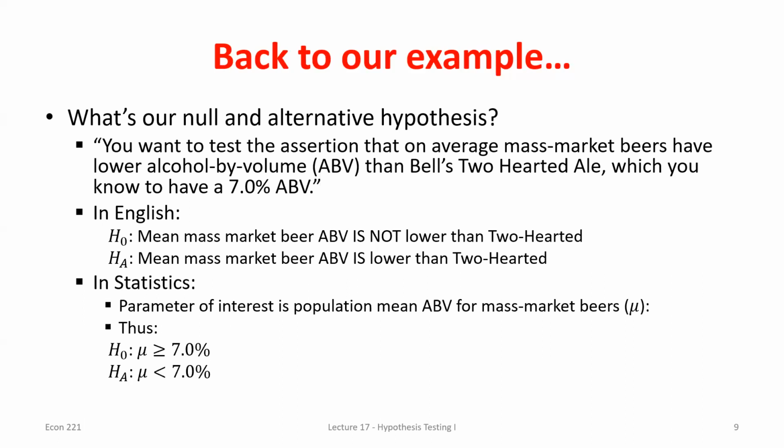Now we know what type of tail test we have, right? So what type of tail test would I have here? Remember, the type of test we have is always based off of the alternative hypothesis. So here, I've got a less than, or a left tail test, looking at that left side. So here, I know I'll only reject the null hypothesis if I see a sample mean below what value? If I'm assuming that it's 7% or higher, what are the only sample means that are inconsistent with that?